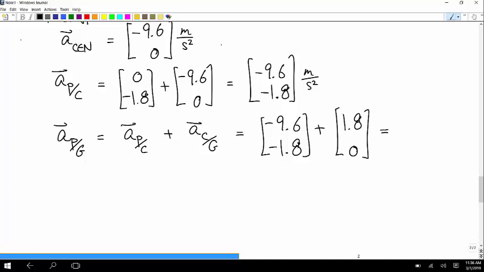And so you get a total acceleration of negative 7.8 and then negative 1.8. Okay, and so that is, compared to the ground, the acceleration of that point P.